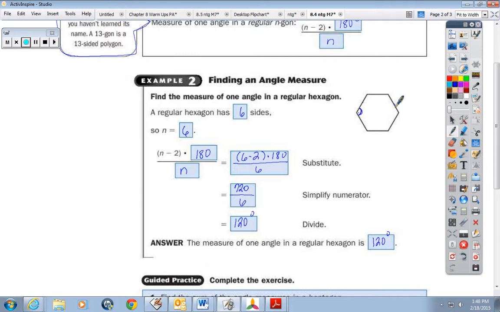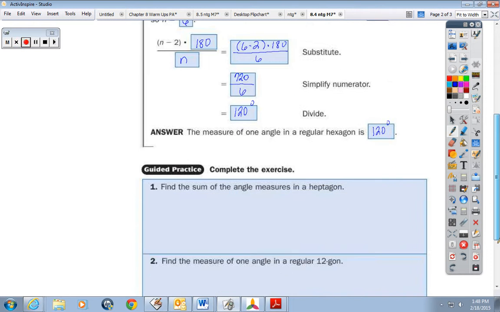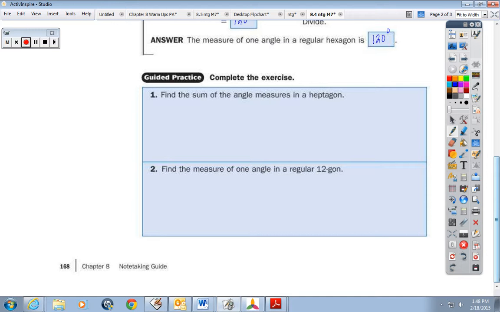Alright, last 2 examples. I don't remember off the top of my head how many sides that had. 7? Okay.